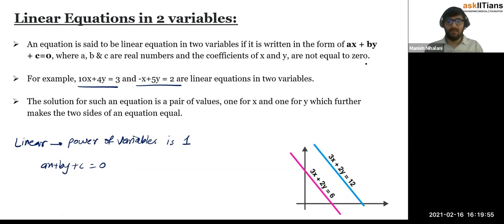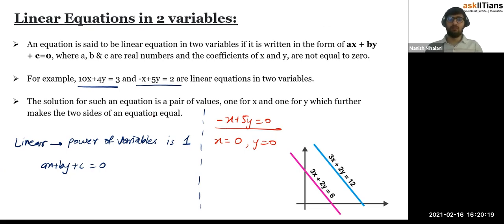If you consider the equation minus x plus 5y equal to 0, then x equal to 0 and y equal to 0 satisfy it.